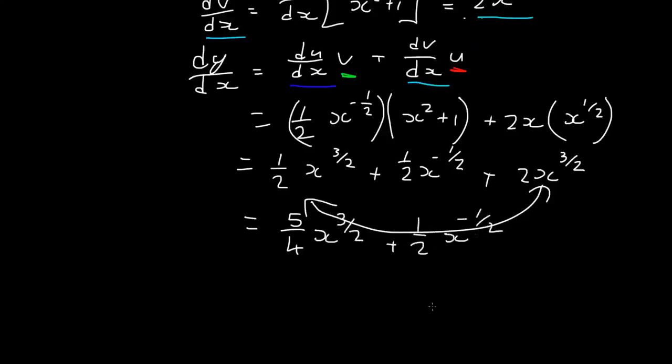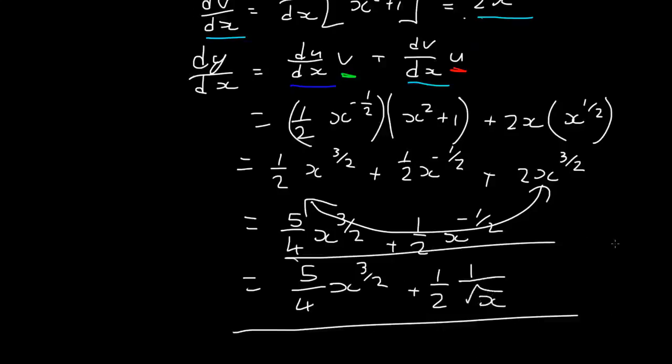And this negative a half term could also be written as 1 over root x. You could leave it like that or like that, but there you go, you found your derivative. Okay, next we're going to do example 31.